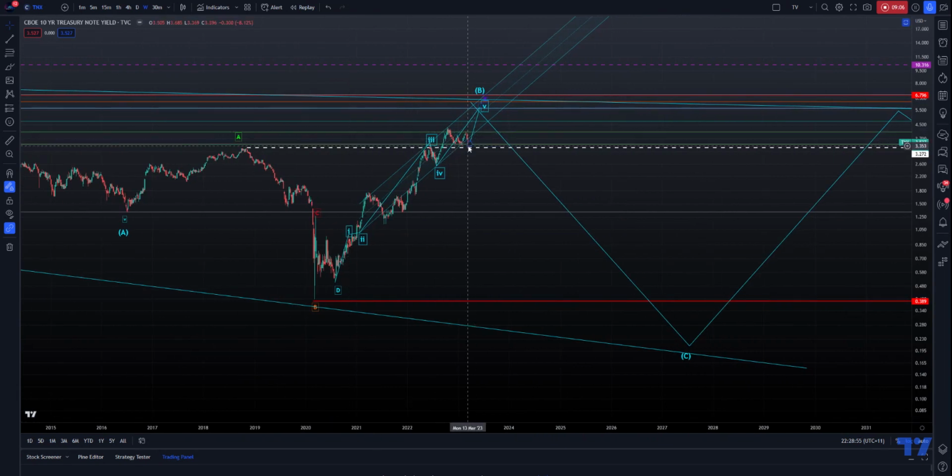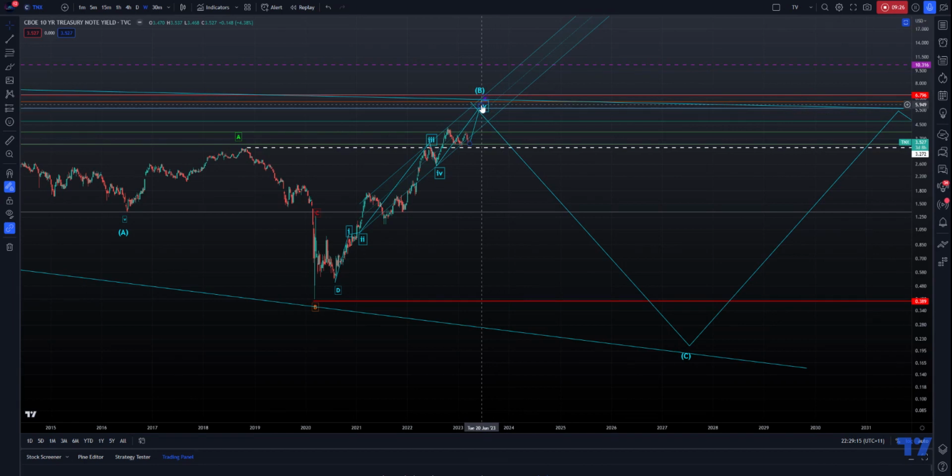So looking at this a bit closer, if we have this channel going up from wave 2 to 4, when we get to this area, this is basically towards the end of the year, right? So we're looking at October, November or so in terms of potential breakdown out of this channel.